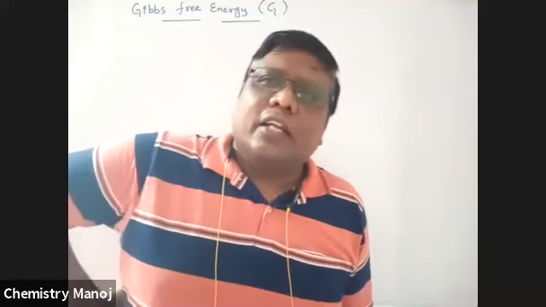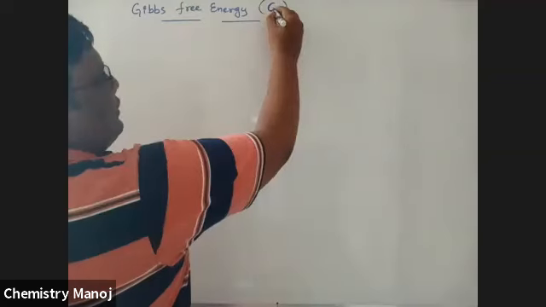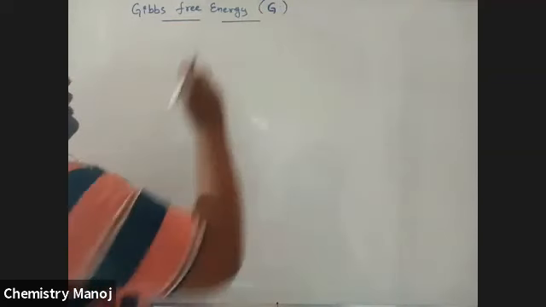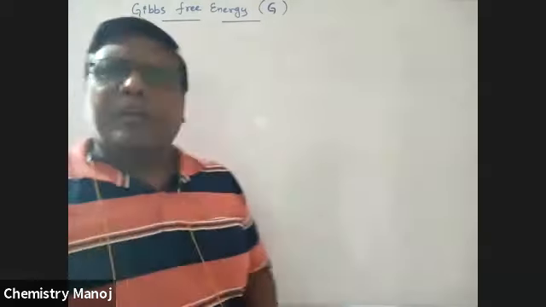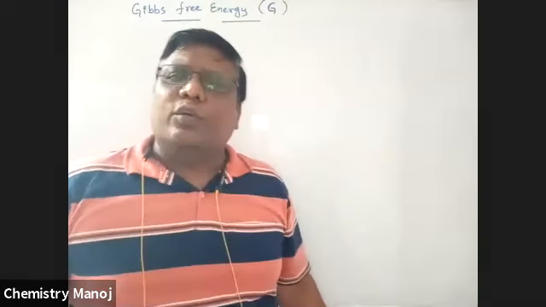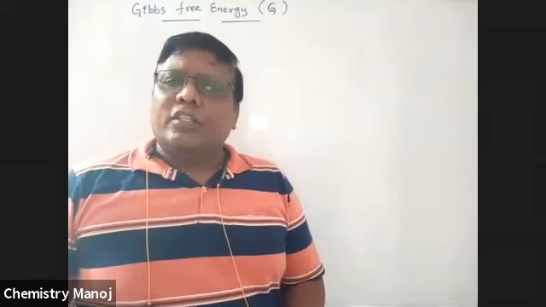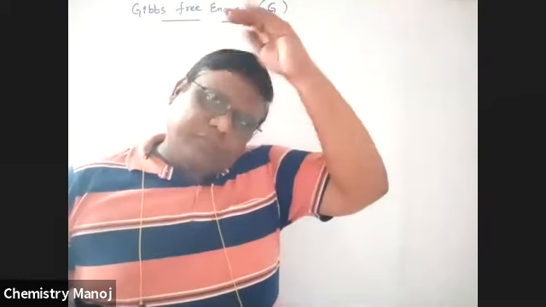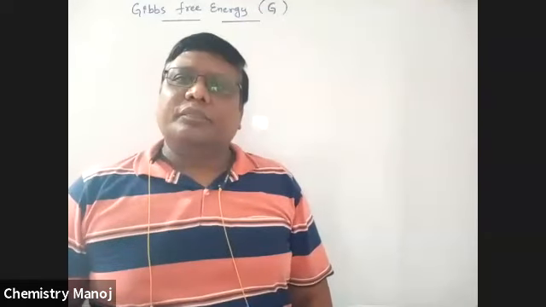It is indicated with the letter G, delta G. Once again, just like in our previous cases, that is H, U, and S, this is also a state function. It is not possible to calculate this G value, but it is possible to calculate the delta G value.